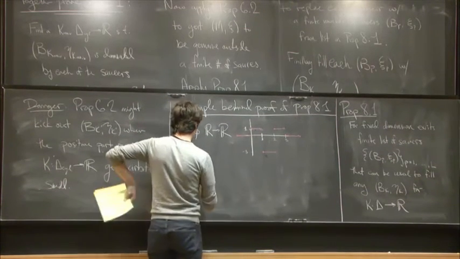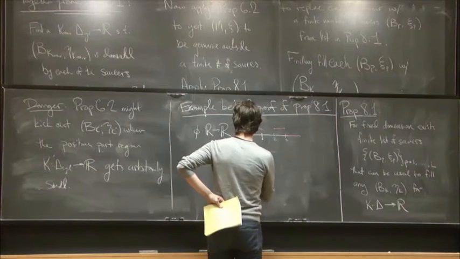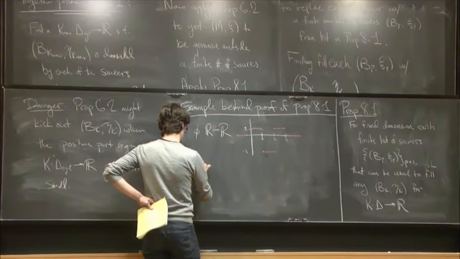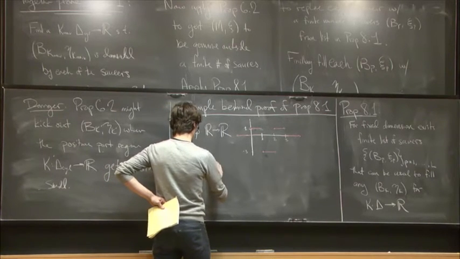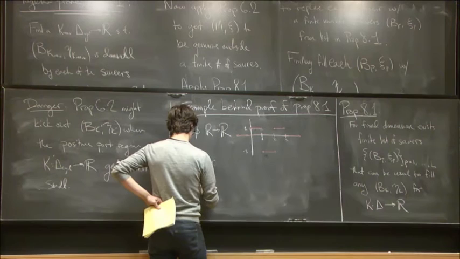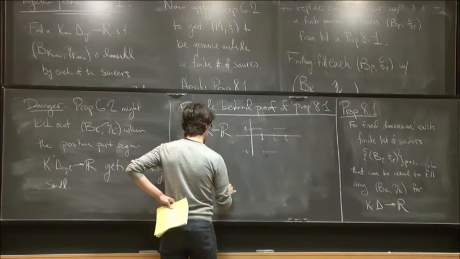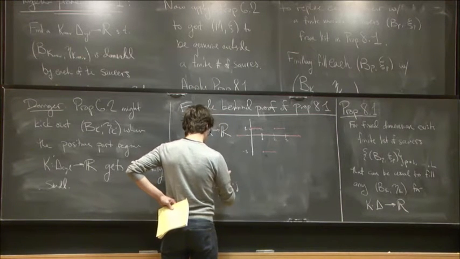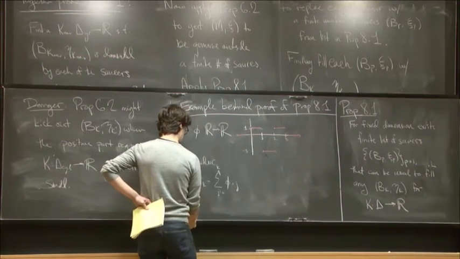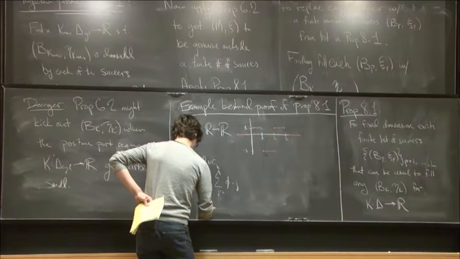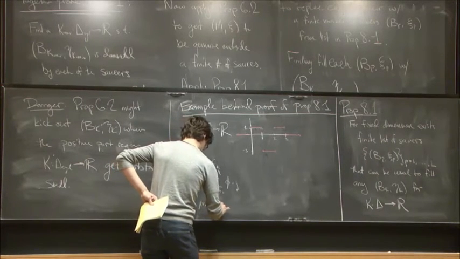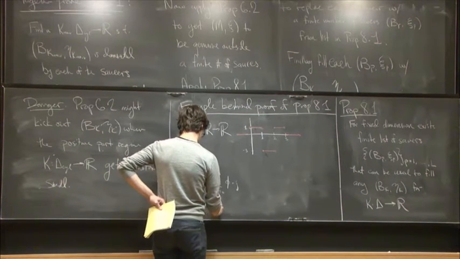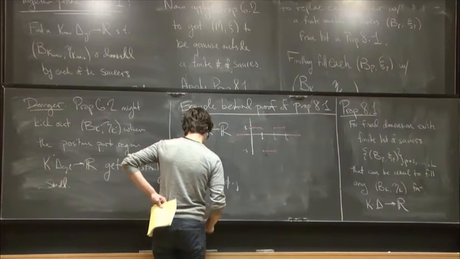But using this function and translates of it, you can consider f sub k, which is the sum of phi composed with tau_j for j equals 0 to k, where tau_j of x is x minus j.